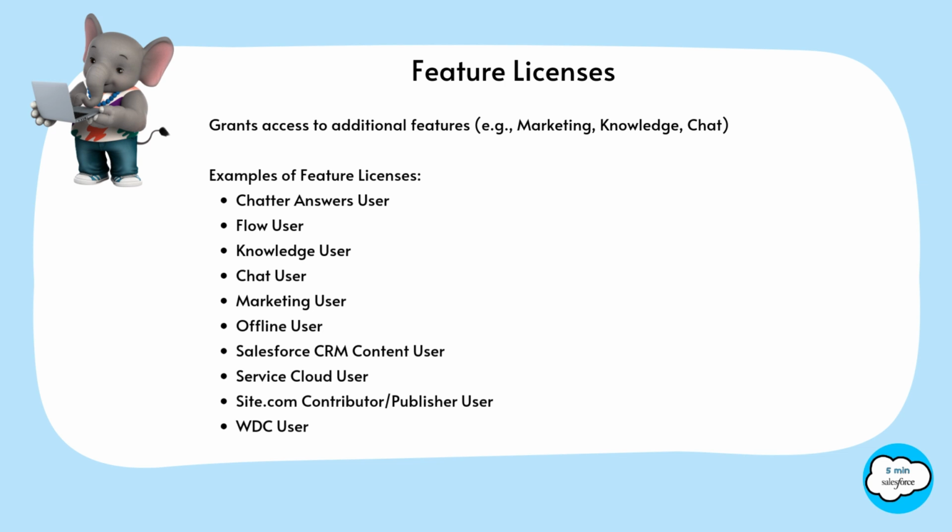These work the same way. They turn on any specific feature which we want, like Flow, Knowledge, Chat, Marketing, Service Cloud. These are small add-ons that you can attach to any individual user.